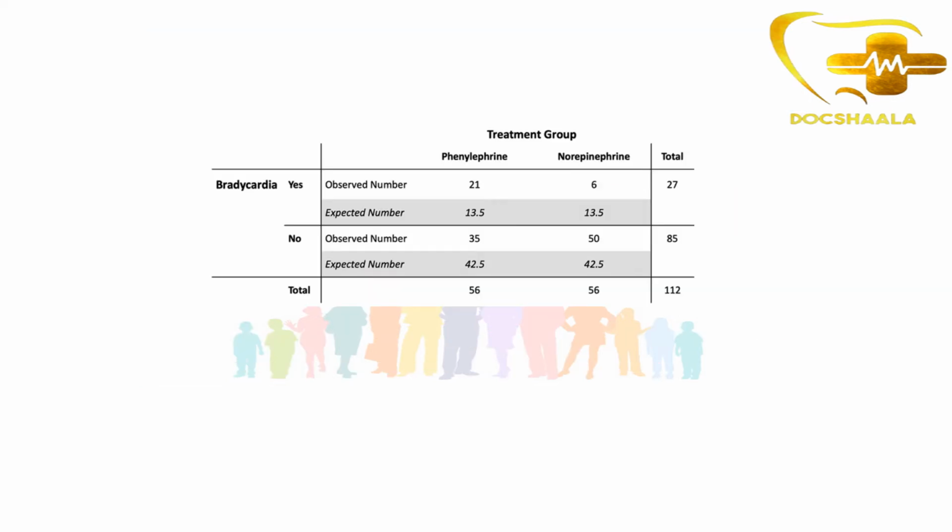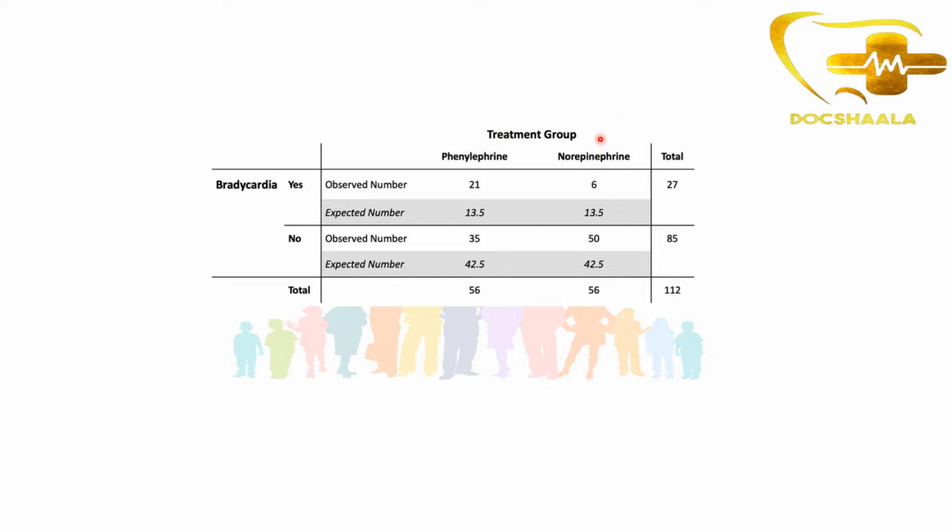This is the table where we can see the values that have been observed and expected. Here you can see the observed number and the expected number, divided into phenylephrine and norepinephrine.